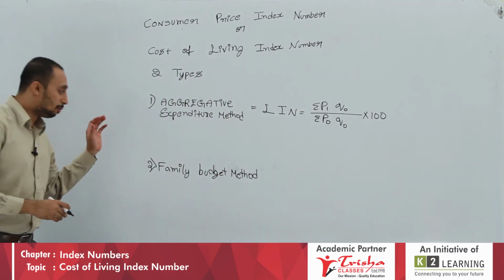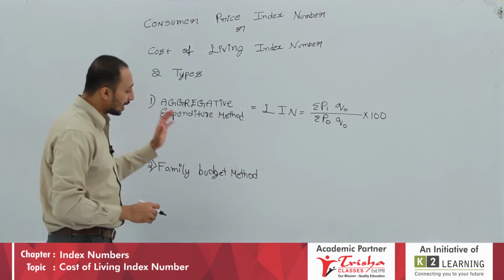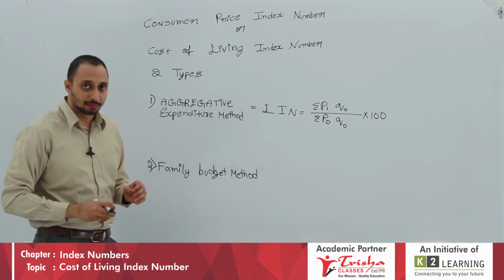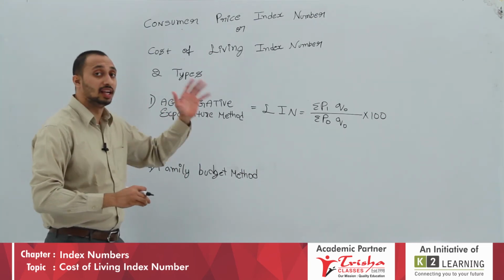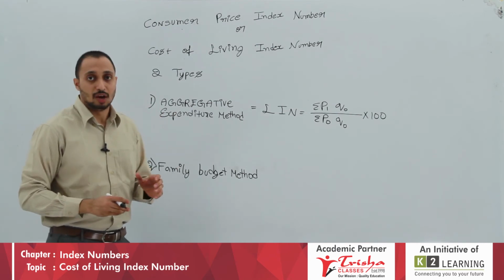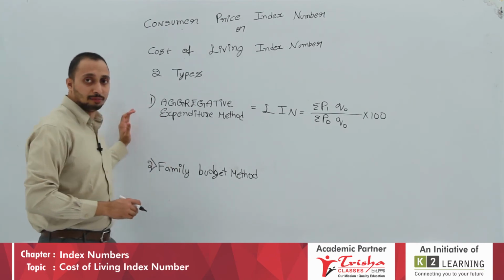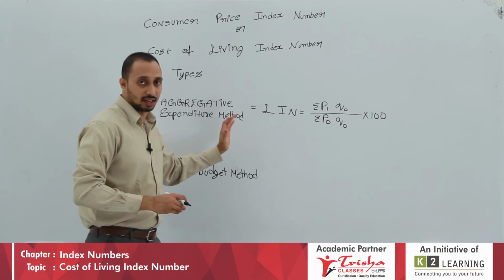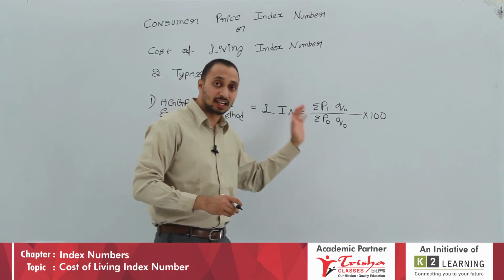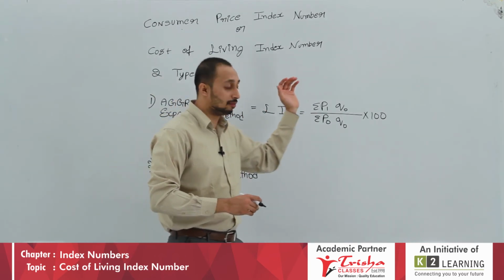But what is the formula for family budgeting? It is exactly the same as the weighted aggregative index number. Hope you remember, simple aggregative, average aggregative, and next comes the weighted simple and weighted aggregative.